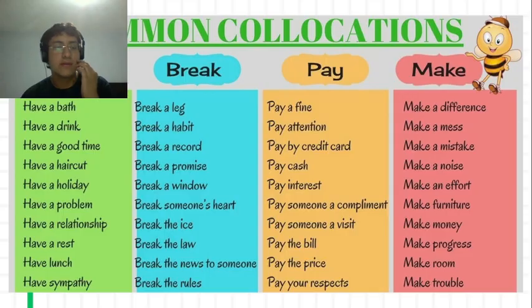boxes, we have different sentences that have a meaning but with more than two words, as I told you, like pay a fine, pay attention, pay by credit card, break a record, break a promise, break a window, break someone's heart, make a difference, make a mess, make a mistake.